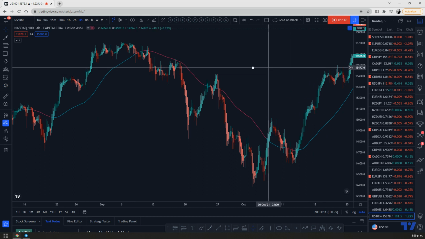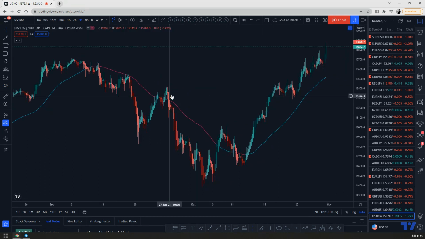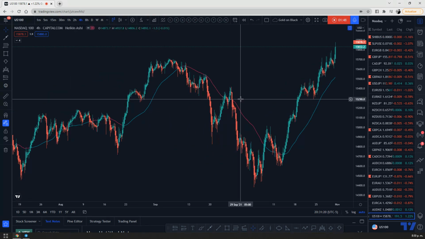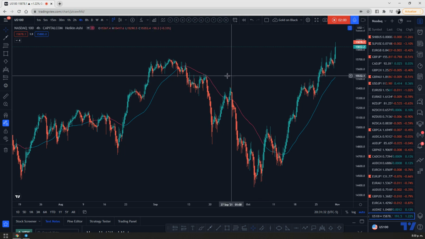Now, just for the example, right here on the 4 hour time frame, if you ask me, I am already finding one, two, three, four, perhaps more than five. Oh no, there are more opportunities.